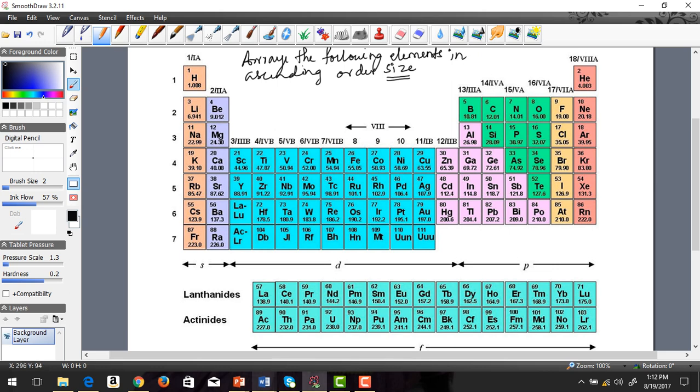Now I'll give you some elements. Here's where things get tricky. Last time, all the elements were in one row or one column, but now I'm going to throw elements across the board. You still have to do a little maneuvering, but I want you to try it.